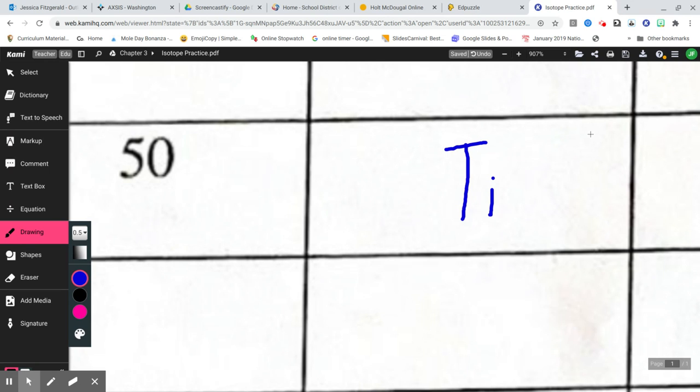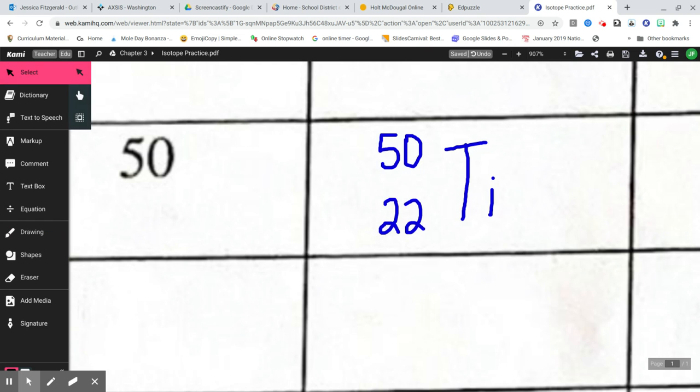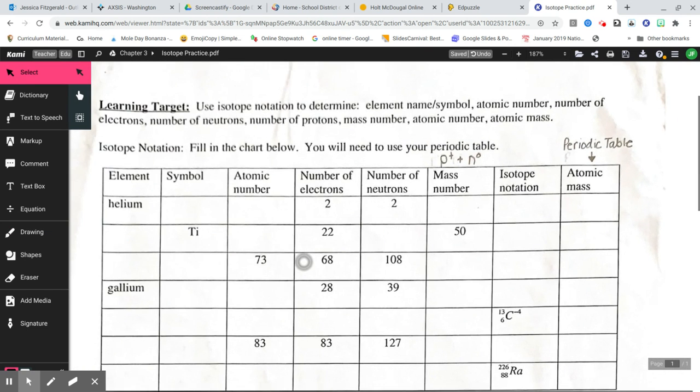So we said the mass was 50. The atomic number is going to go in the lower left-hand corner, which is 22. And since your number of protons and electrons are the same, you will not have a charge. So again, this is your mass number, this is your atomic number.